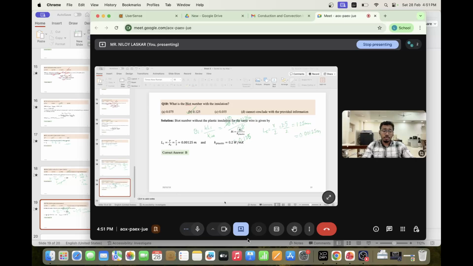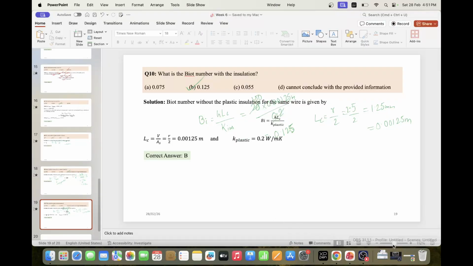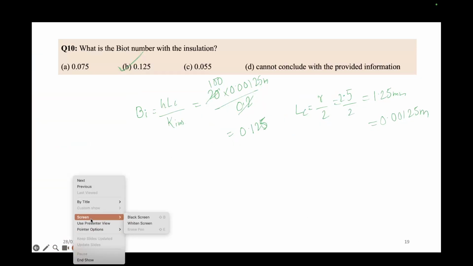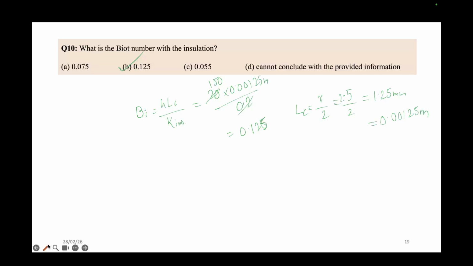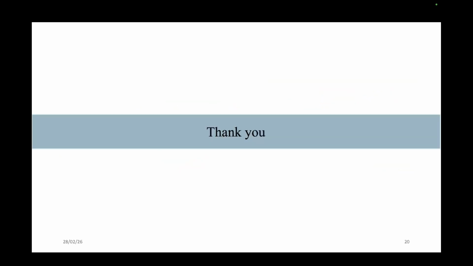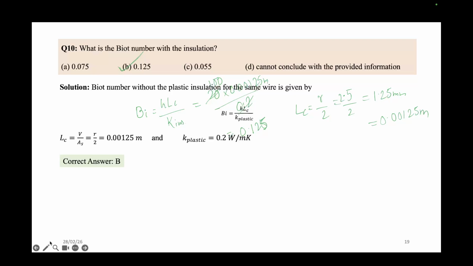So I think there is no confusion. The next thing is how the heat transfer coefficient varies with the fluid properties.